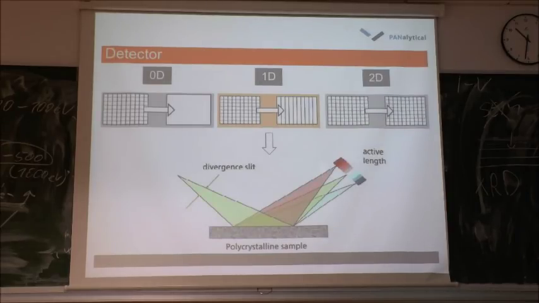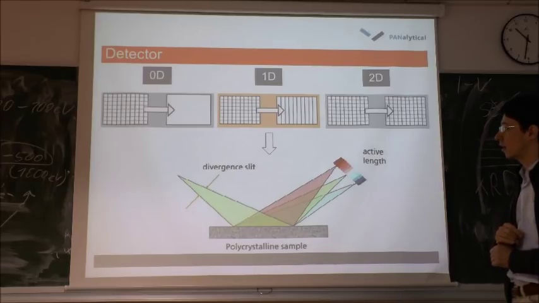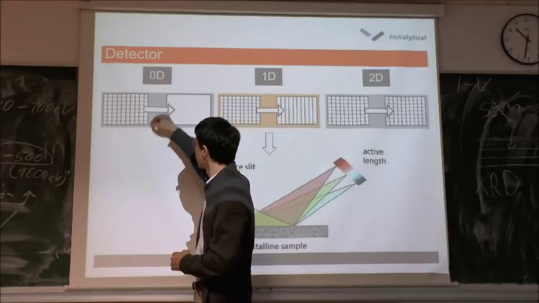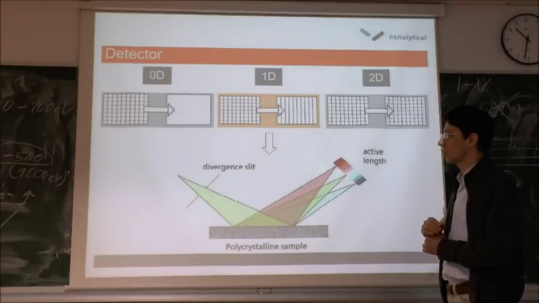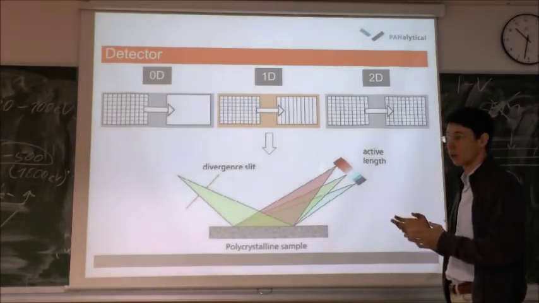Okay. Then the detector. A few words about the detector. It's a solid state detector with a number of pixels which are nicely arranged in two dimensions. And what you can do is integrate signals from these pixels in different ways.